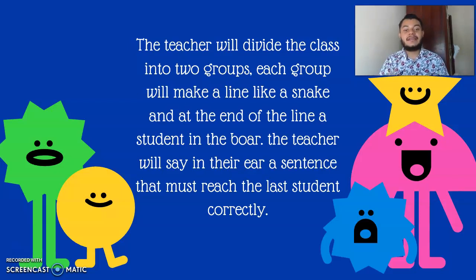The teacher will say to the first student a complete sentence, and that student has to pass it to another student, and so on until the last student, who is in front of the whiteboard, has to write the correct sentence.